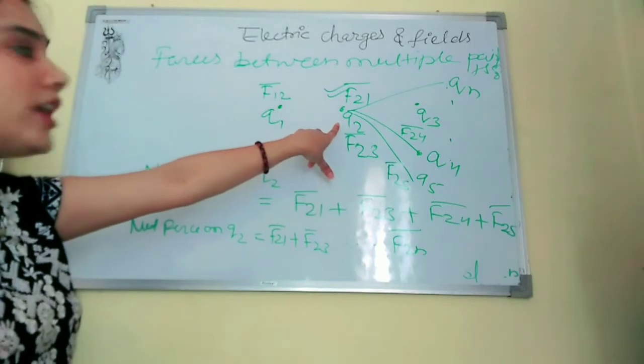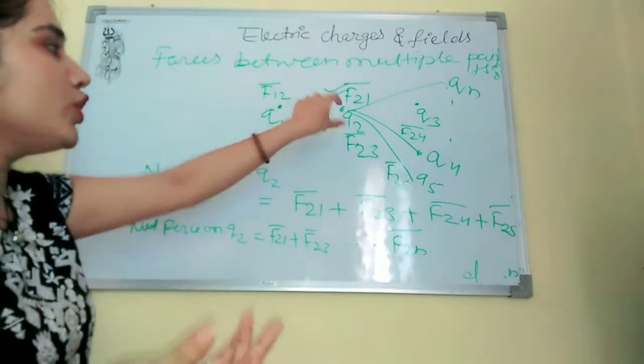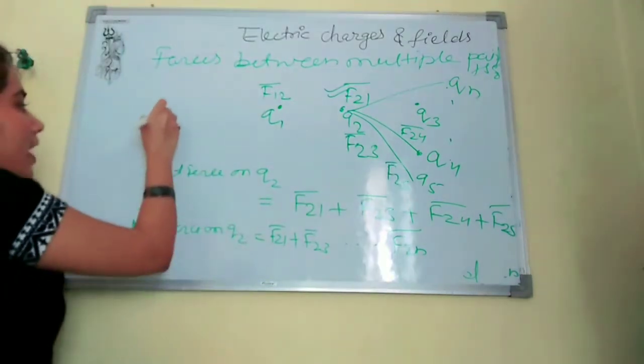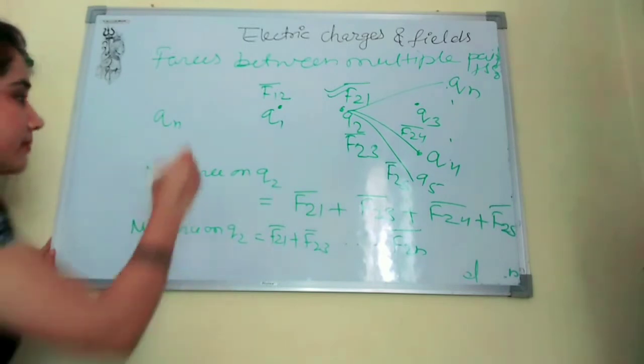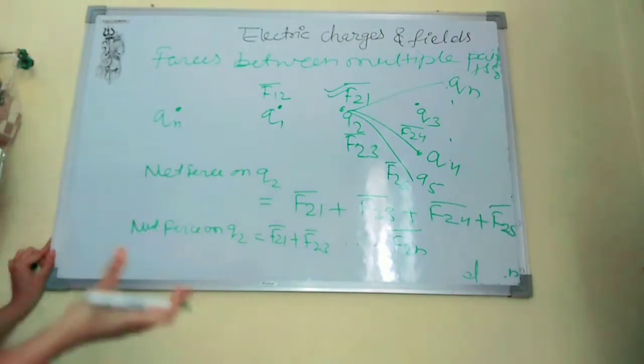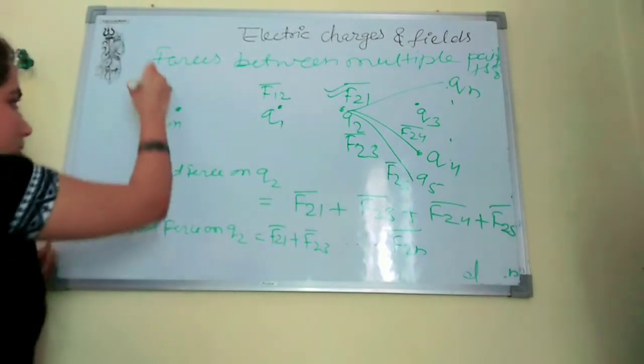Here we are seeing the forces applied by the charges on Q2. Now if we have n points, we have some charge Qn, and all the other charges are going to apply some force on Qn.